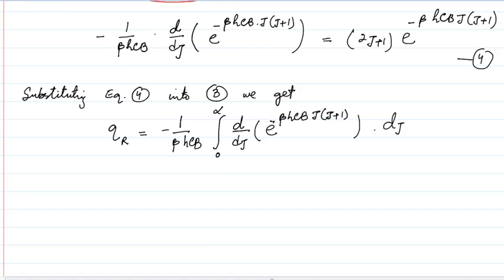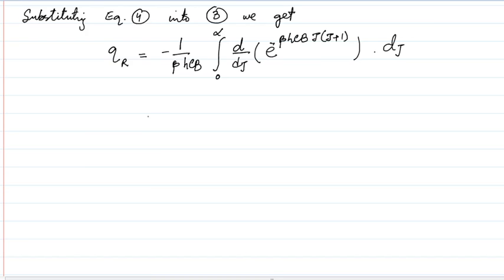So this is simply equal to minus 1 upon beta hcb into e raised power minus beta hcb j into j plus 1. We have the lower limit 0, upper limit infinity.